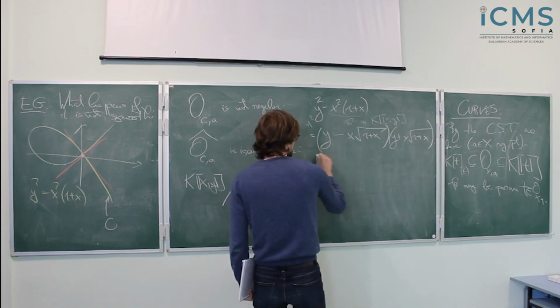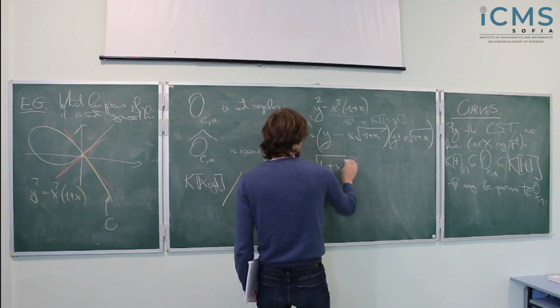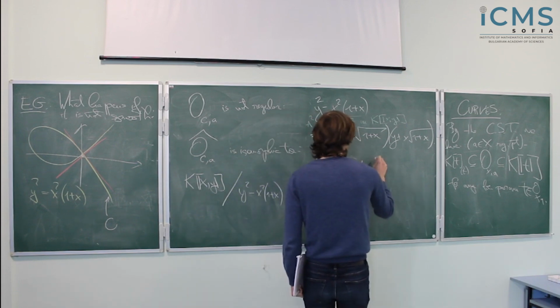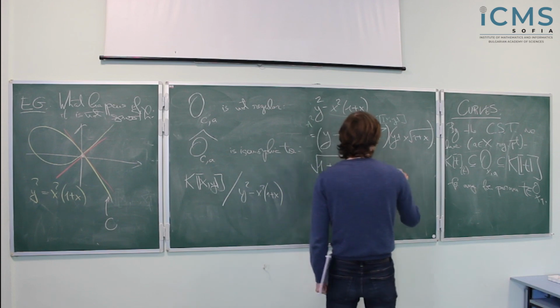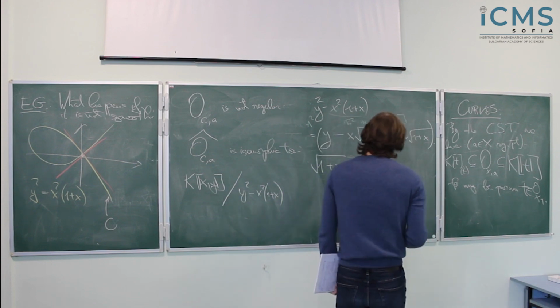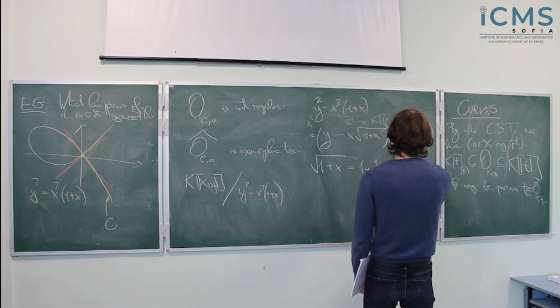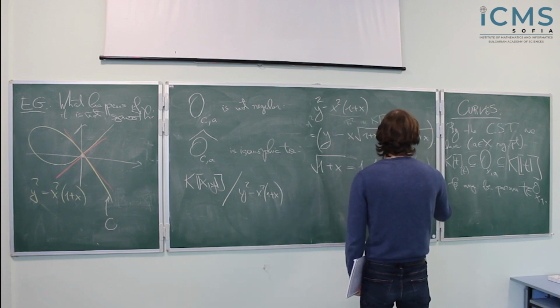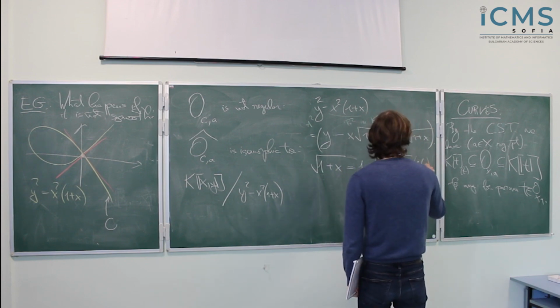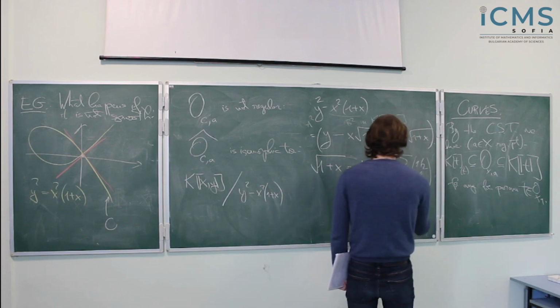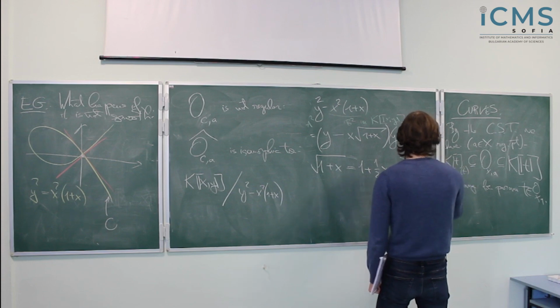In the power series ring, 1 plus x has a square root, because the square root of 1 plus x is 1 plus half of x plus, and so on, an expression of the sort sum of binomial(1/2, k) x^k.